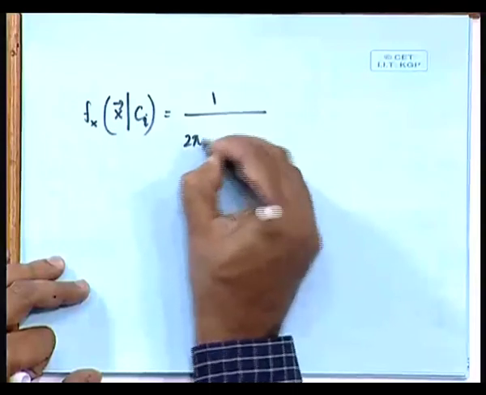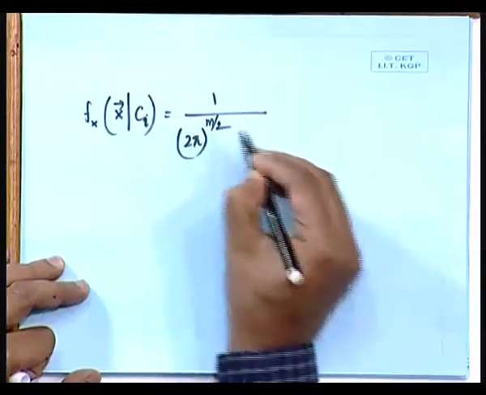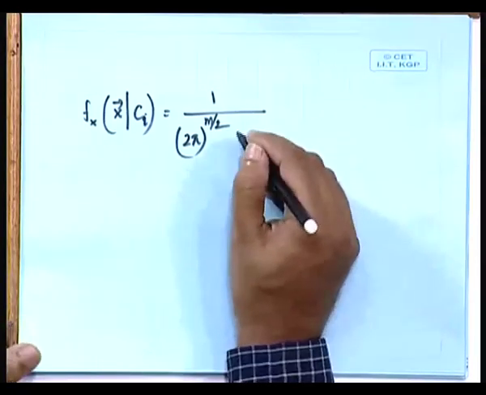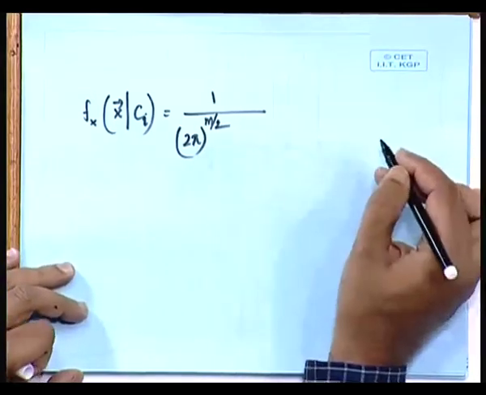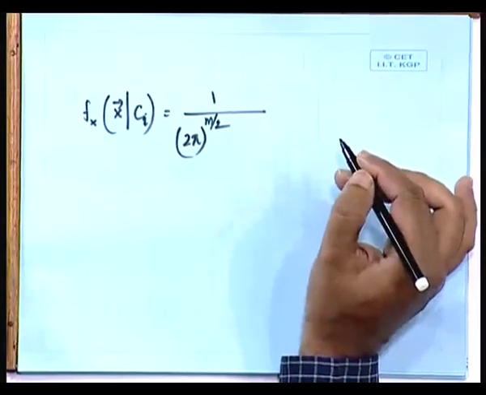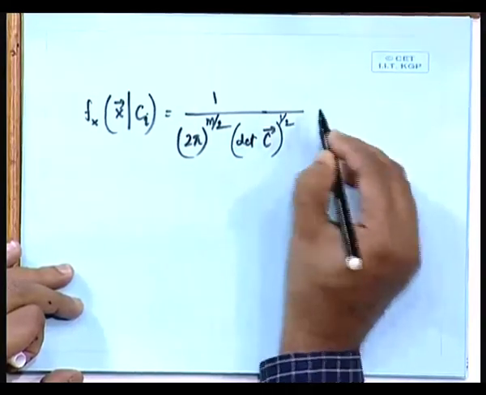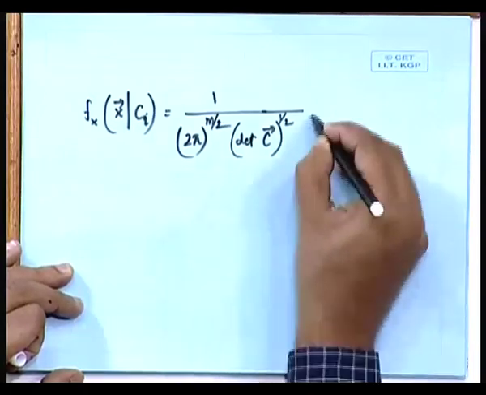We write f_X(x given Ci) equal to 1 upon (2 pi) to the power m by 2, where m comes because of the dimensionality involved. Instead of the 2 pi sigma square, you remember we have the root of 2 pi sigma square, that sigma square term will in this case be replaced by the determinant of C, and this whole thing to the power half.